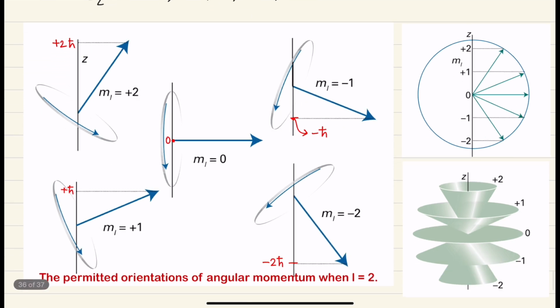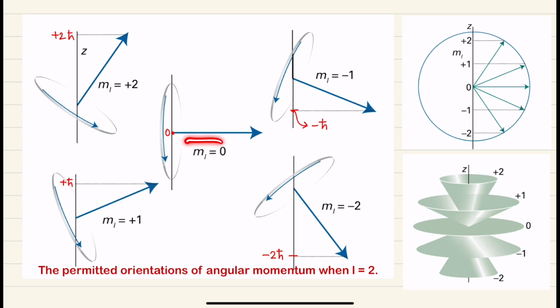And similarly we can find for ml equal to 0, right? So for this ml value 0, it means if the electron revolves around this plane, then this L vector will be oriented in this direction.